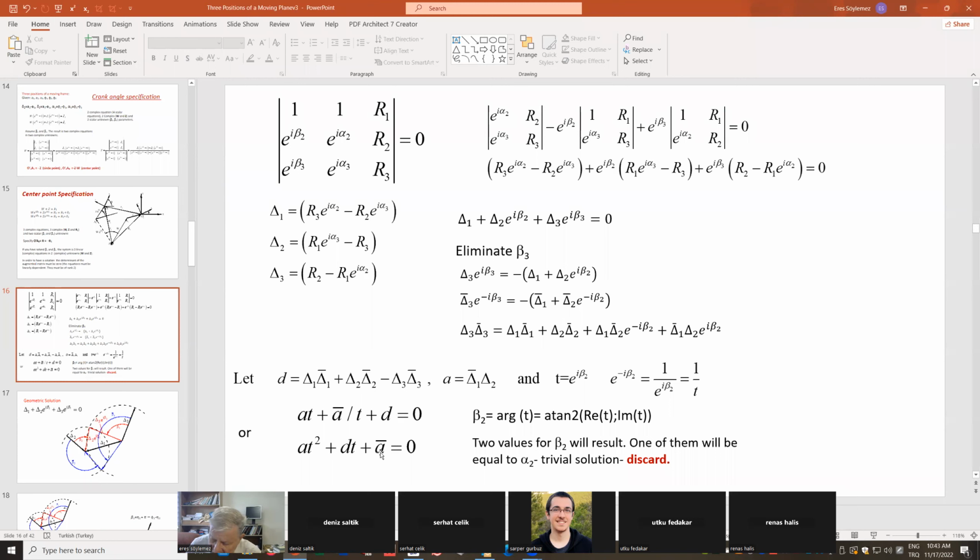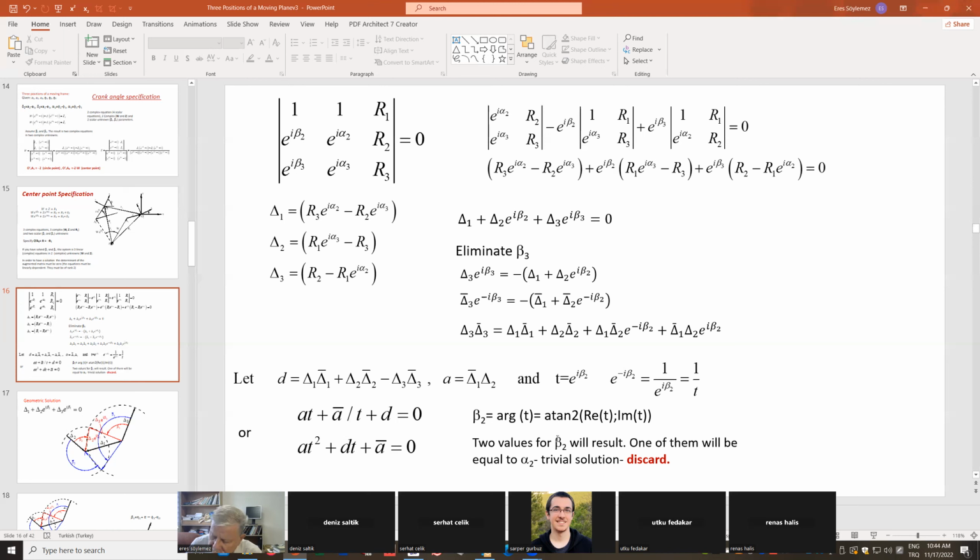A and A bar are complex conjugates of each other. D is a real number. T is equal to e to I beta 2. The magnitude of T is equal to unity. Beta 2 is the argument of T, which is equal to arctan of the imaginary part of T over the real part of T. Since this is a quadratic equation, second order equation, you will end up with two T values.